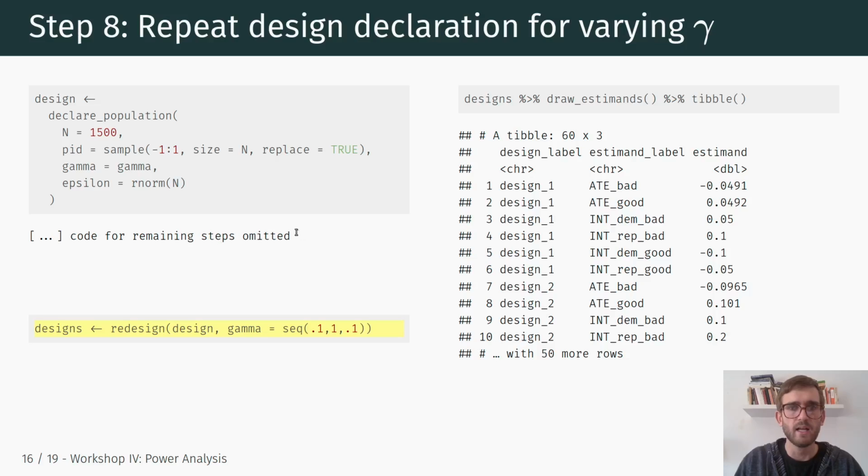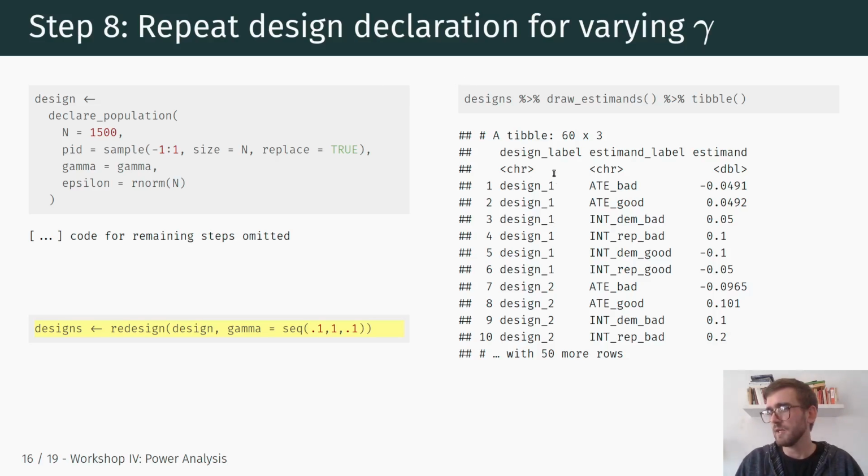After we did this, we could also draw data sets based on each of these designs, but what is more interesting is to draw the estimands for each of those designs. The designs object now consists of a set of 10 different designs with varying levels of gamma from 0.1 to 1.